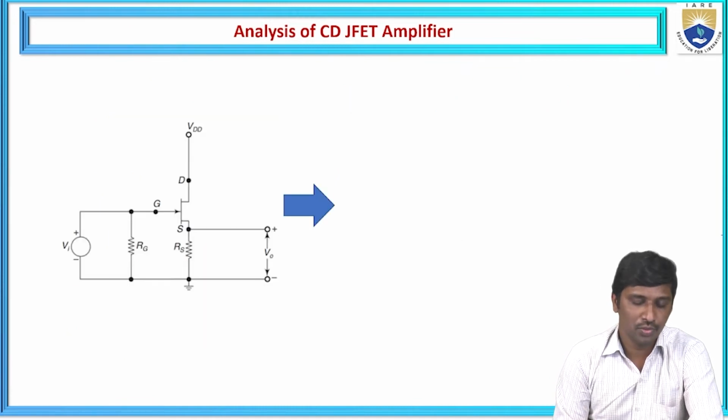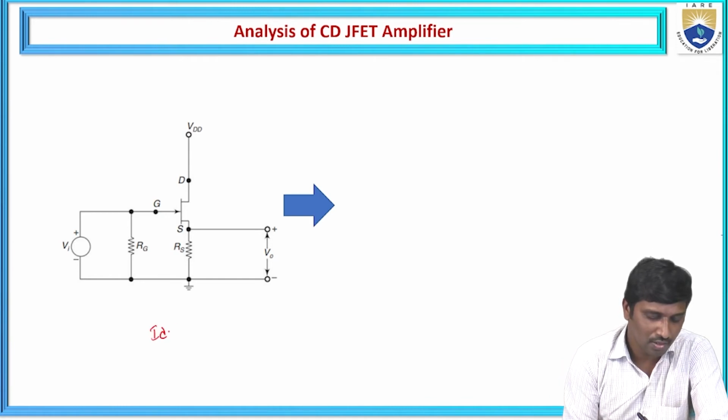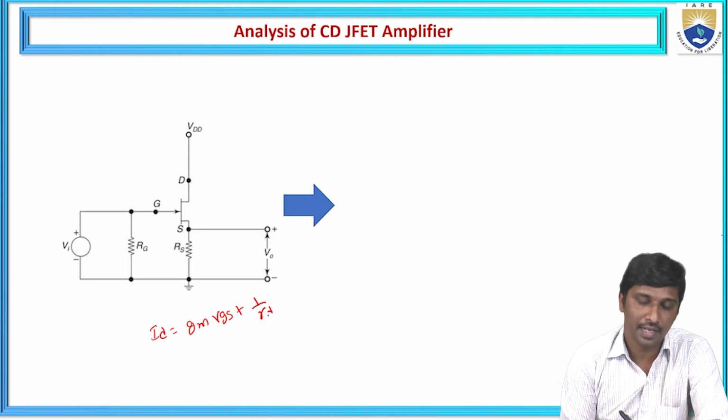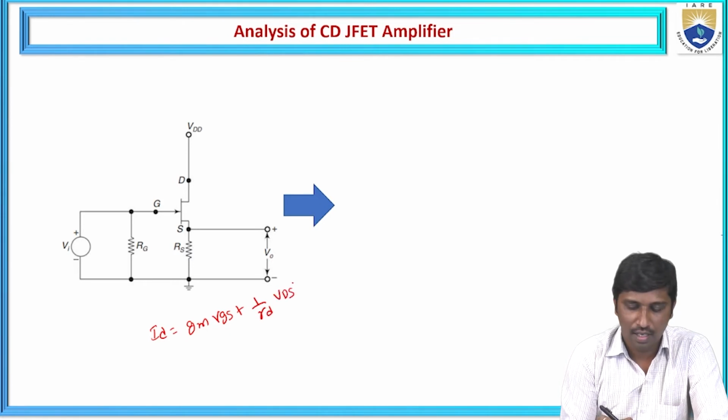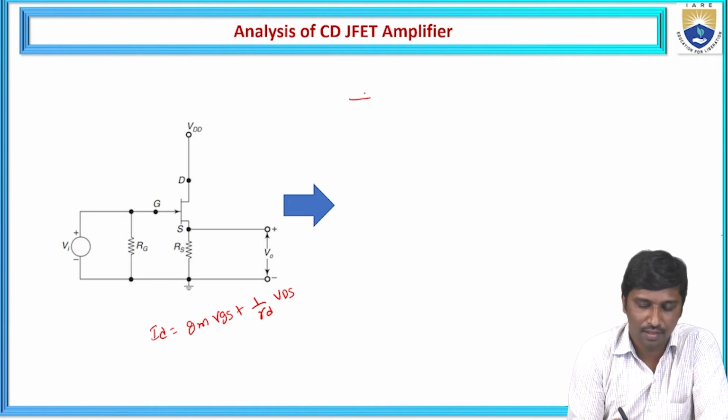If you want to redraw this into the small signal model, we need to recall this function. We know ID is equal to Gm into VGS plus 1 by RD times VDS.